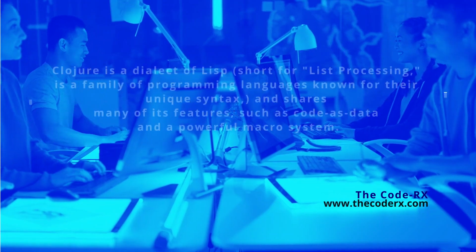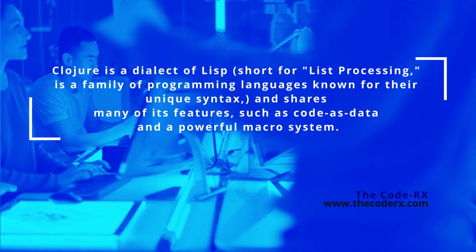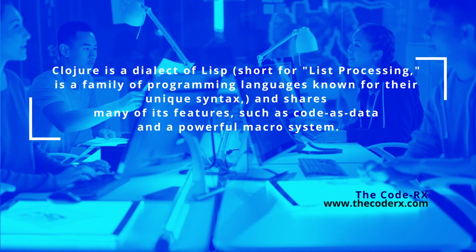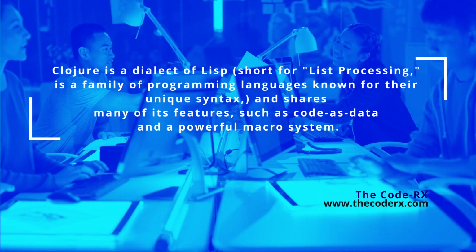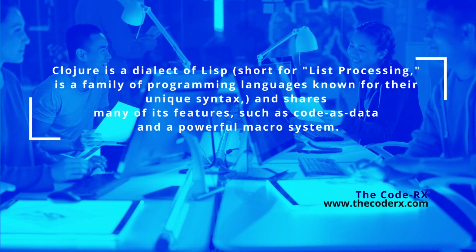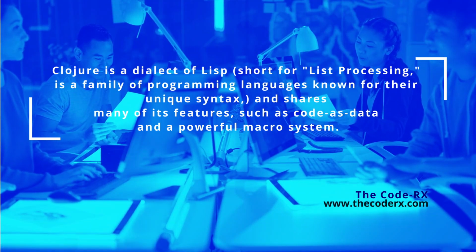Now, Clojure is a dialect of Lisp, and Lisp is short for Lisp Processing, which is a family of programming languages known for their unique syntax, and it shares many of its features, such as code as data and a powerful macro system.